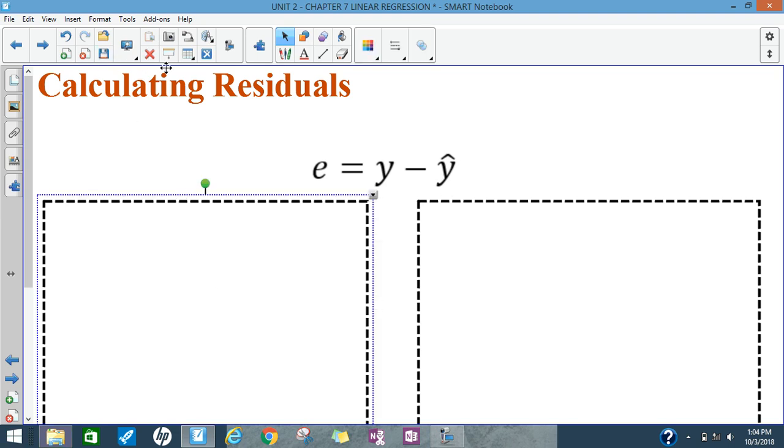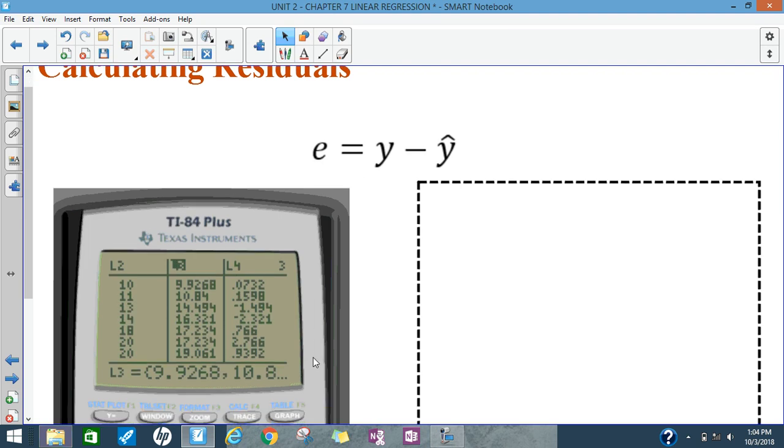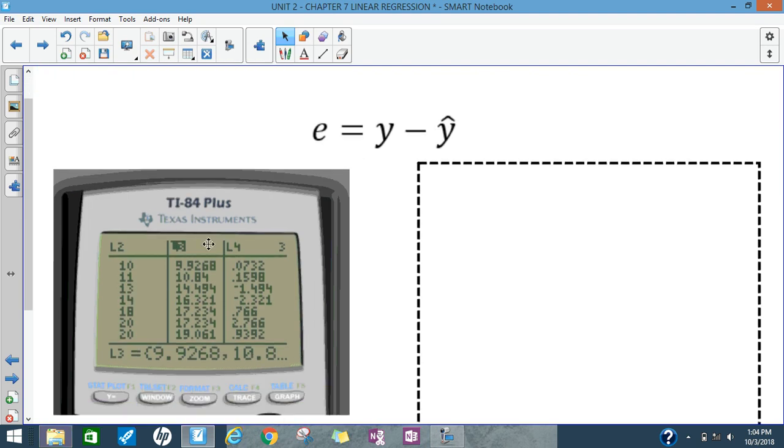And so there's a way to actually calculate all the residuals in the calculator, and I will show you that in class. So here in my list 3, I wrote an equation that took all my values from list 1, all of my X values, all of my number of workers, and it was plugged into the prediction equation. So you can see here for my first, I believe it was 2 workers, they made $10,000.